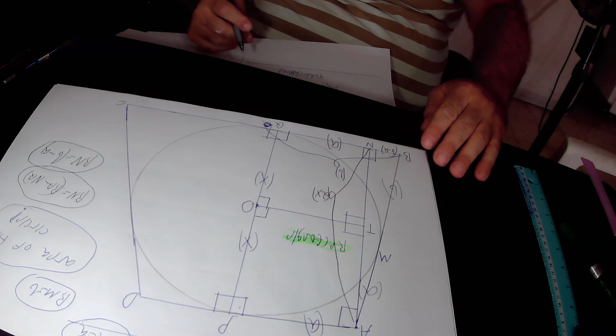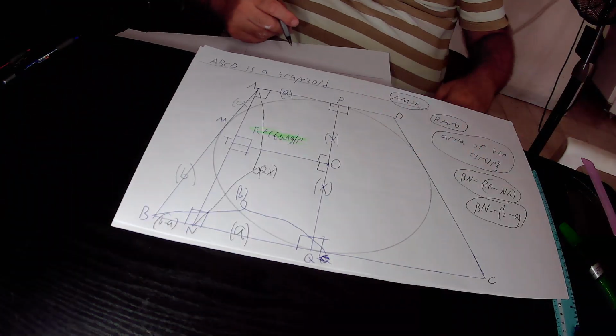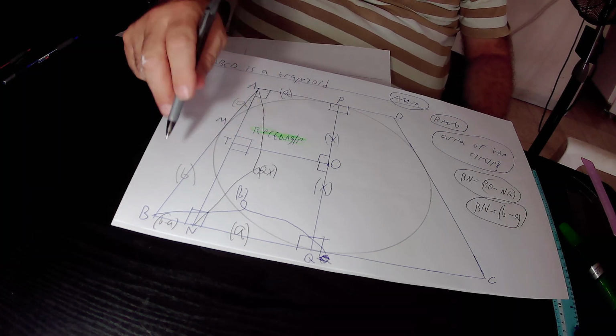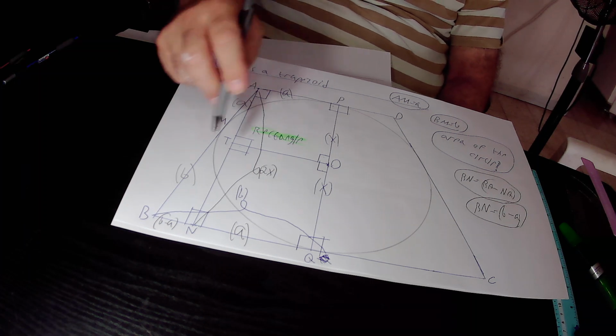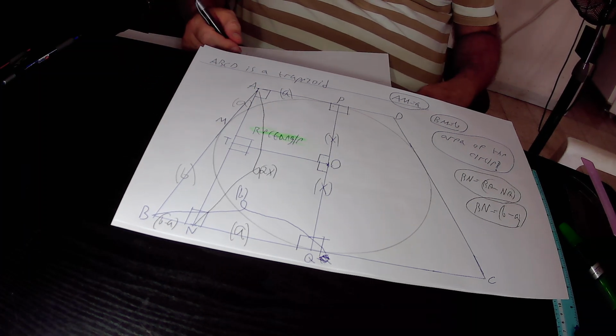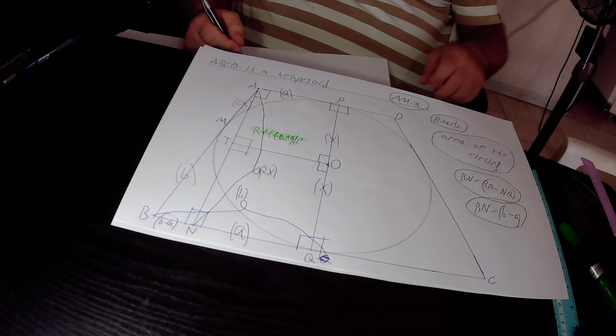So, in the next step, I copy the right triangle ABN in a new page, and we implement the Pythagoras theorem on this right triangle. According to the Pythagoras theorem, in any right triangle, the square of the hypotenuse equals the sum of the squares of the perpendiculars.